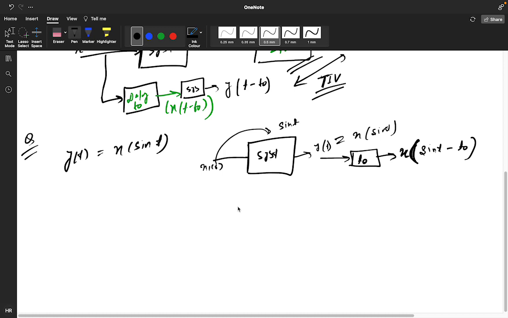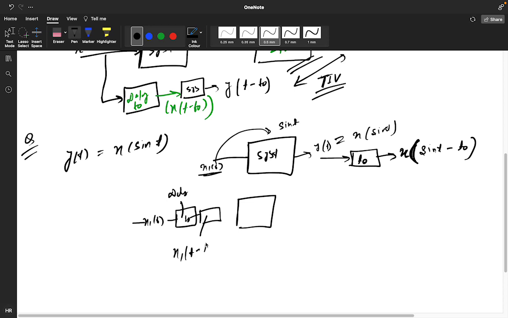Now if I am delaying the initial input x1 of t with t naught, the input I will get is x1 of t minus t naught, and it will be passed through the system.